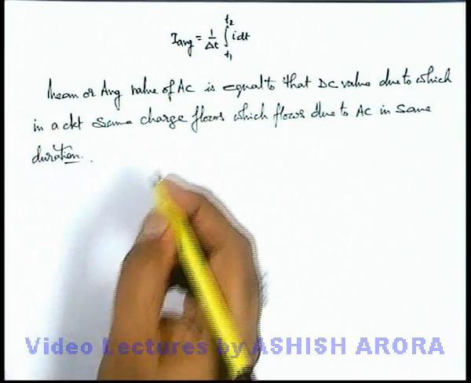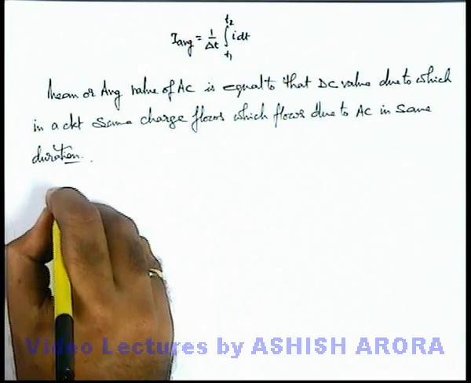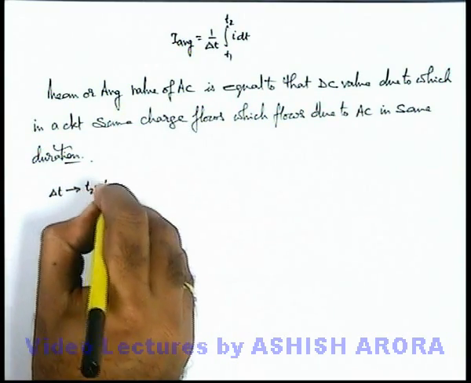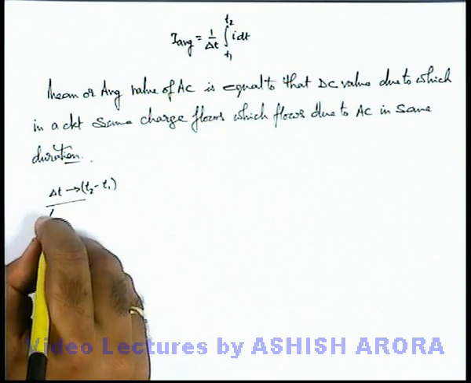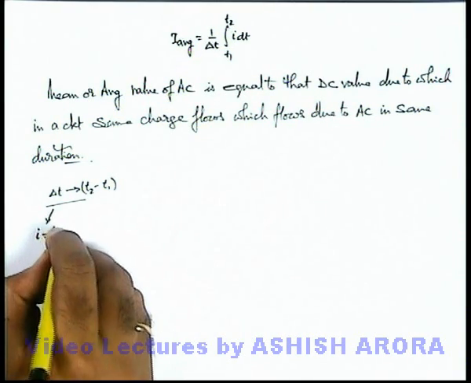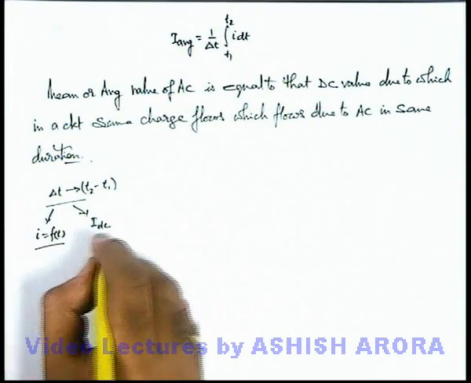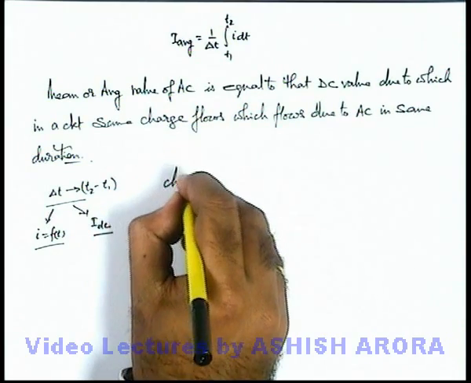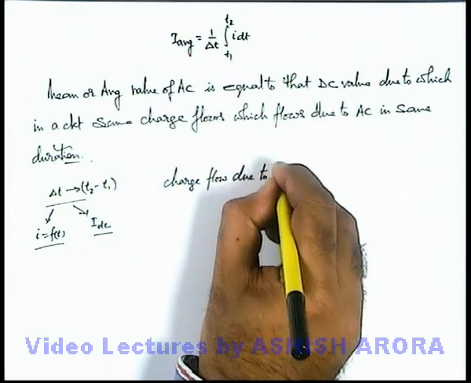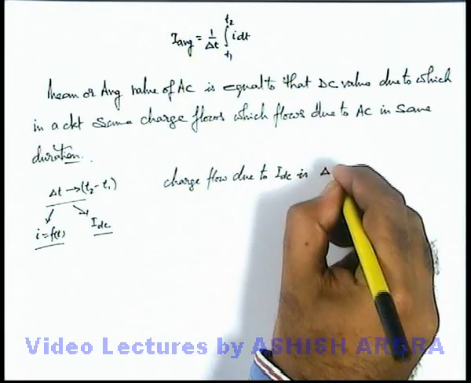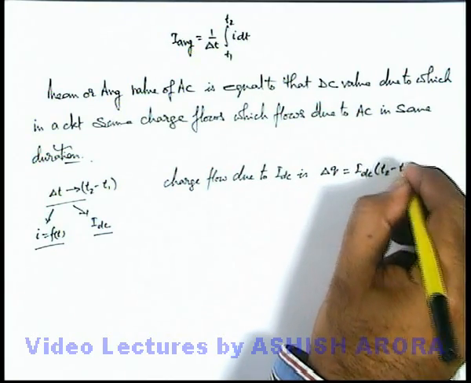Let's first analyze this concept mathematically. If we consider a duration delta t which is from t1 to t2, we have two currents. One is I which is given as a function of time and the other is a DC current. The charge flow due to IDC can be written as delta Q equals IDC multiplied by T2 minus T1.